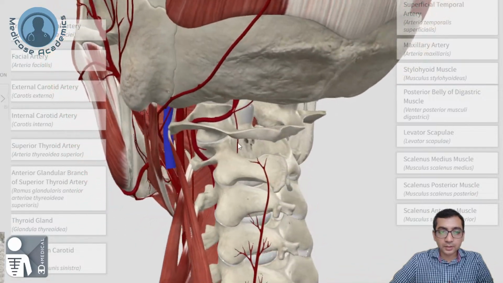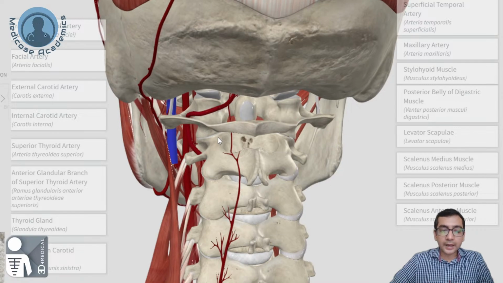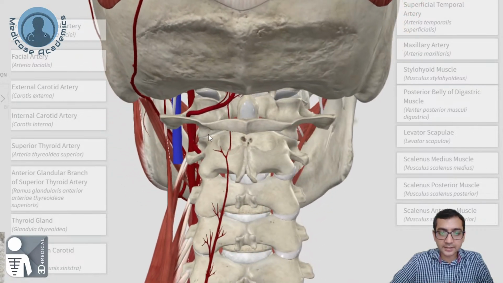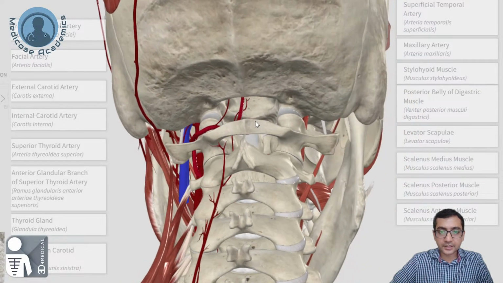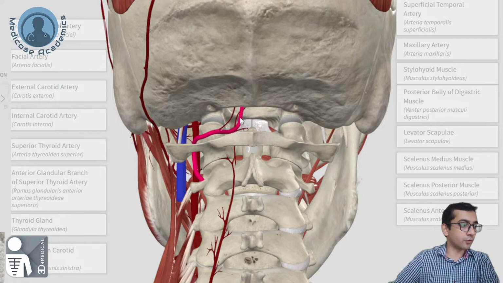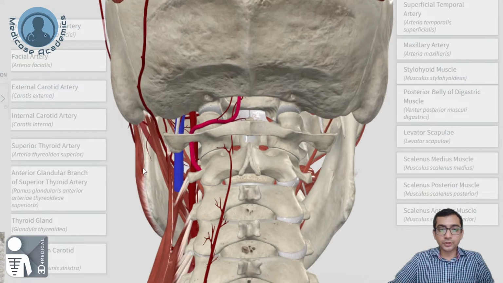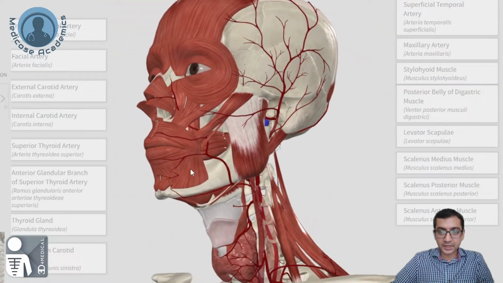Then it moves behind the atlanto-occipital joint, over the posterior arch of the atlas, and enters the foramen magnum. Here it joins the vertebral artery of the opposite side and forms the basilar artery. It has meningeal branches, spinal branches, and so on.